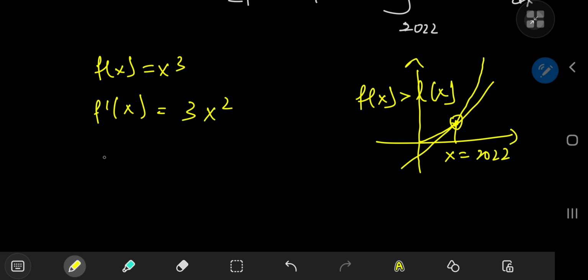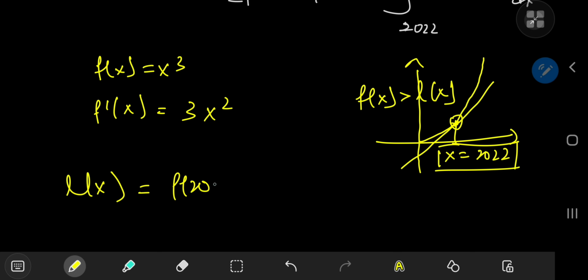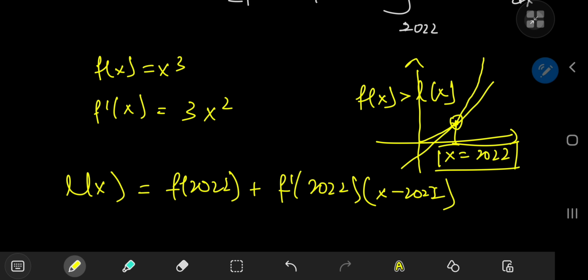Because we're highly punctual, of course, solving the 2022 integration bee 1 year after it occurred, but I already solved the 2023 integration bee, so, you know, what the hell. Anyway, the linearization of x cubed around x equals 2022 equals f of 2022 plus the derivative of f at 2022 times x minus 2022. Alrighty then.